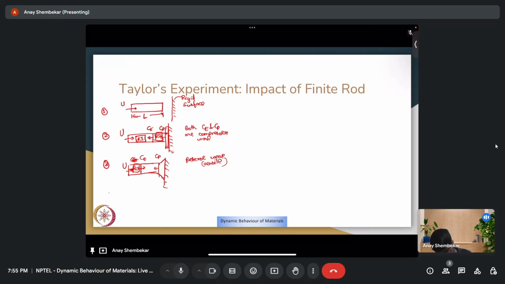Then your released tensile wave will interact with your incoming plastic wave. That will cause stress to go to zero, leading to interaction between the release wave and the plastic wave.